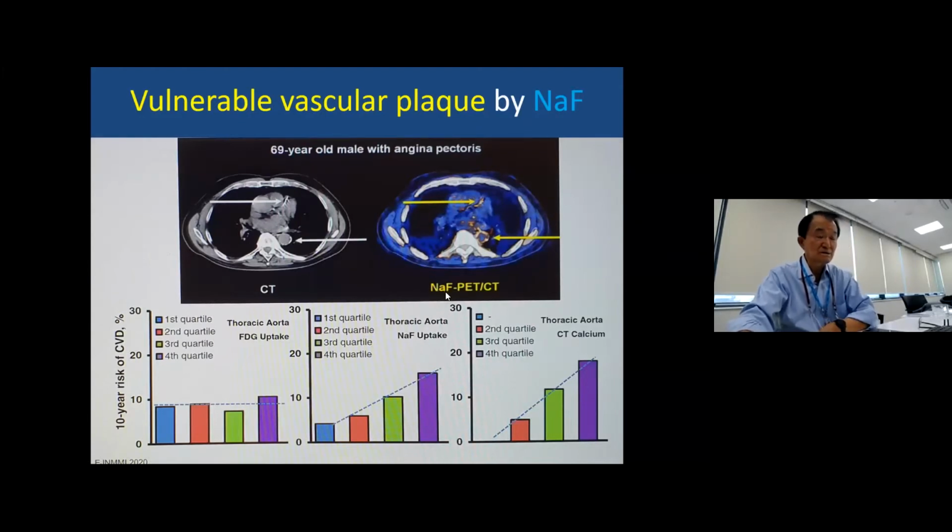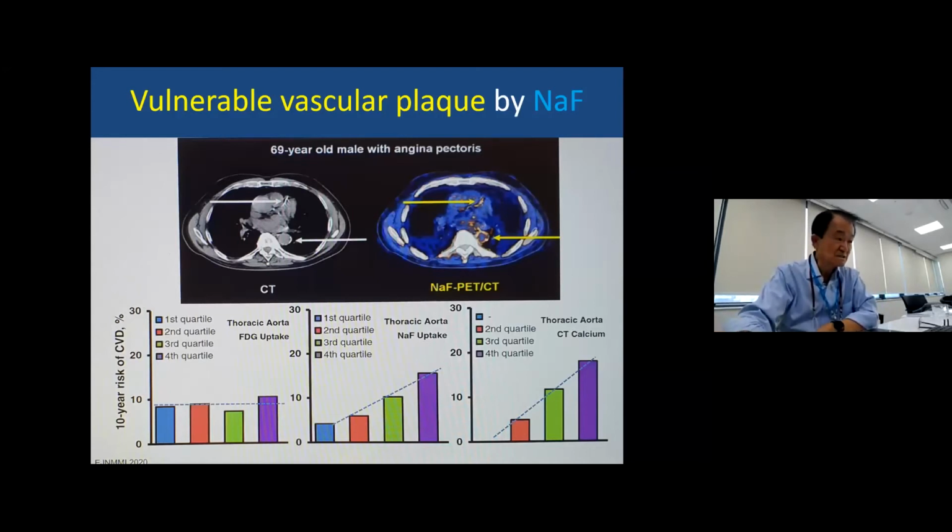And then sodium fluoride PET obviously shows the calcification because of the fluoride direct exchange with oxygen, but the bone scan agent, the MDP phosphate component, is attached to those calcifications, not directly.